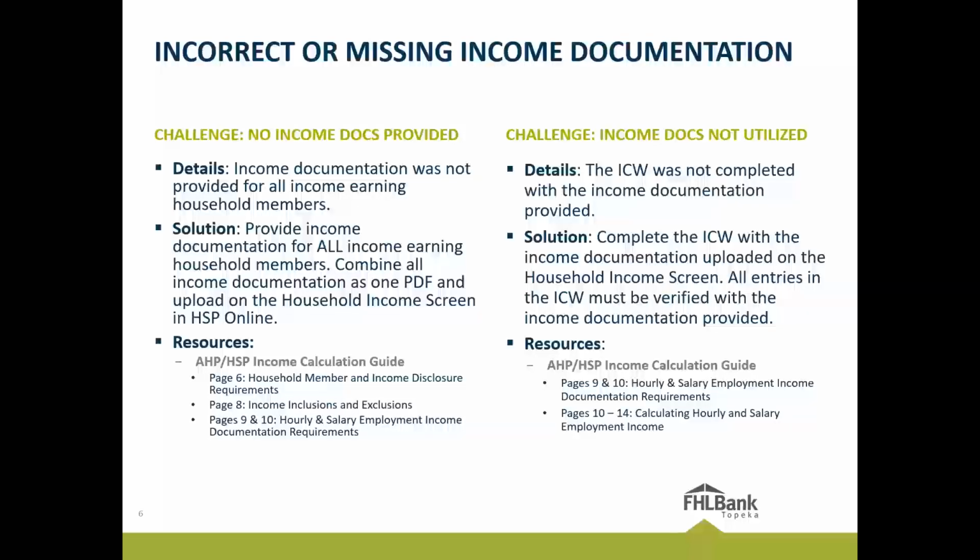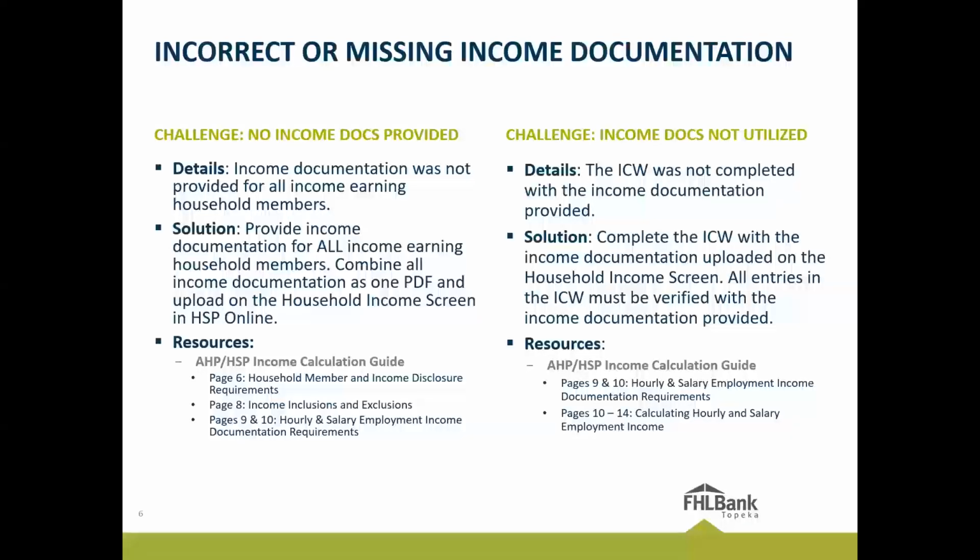So when you're gathering the documentation for a reservation, it's important to make sure that all of your income documents for all household members are combined into one PDF, and you're uploading that one PDF to the household income screen in HSP Online. If income is entered in the ICW, but the supporting documentation isn't uploaded, the reservation will be deemed ineligible.